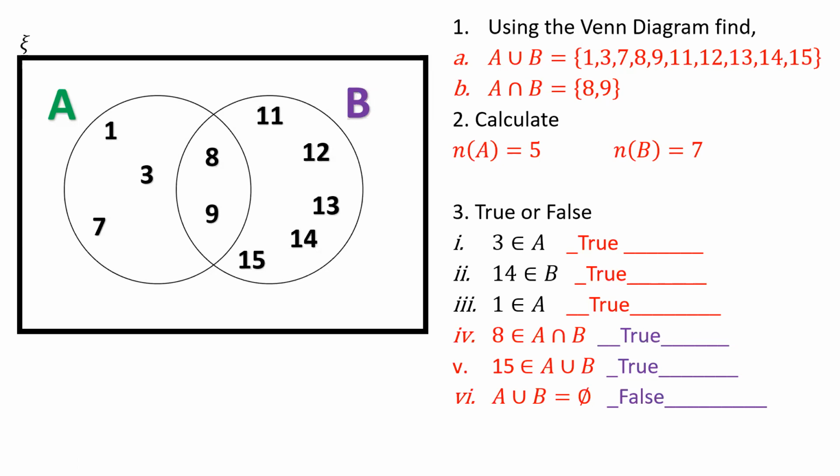Because 8 is a part of A and B, it's a part of the intersection. That's why we have that there. And number 15, the union. Notice that 15 is right there. It is a part of the union. This is the union of A and B, and 15 is right there. That's why 15 is a part of the union.